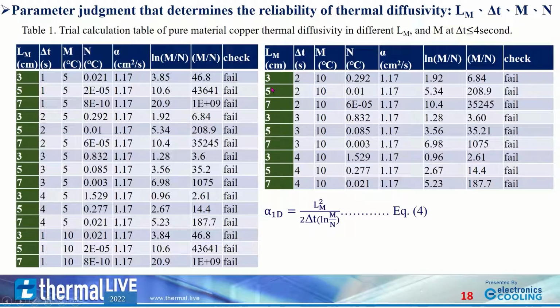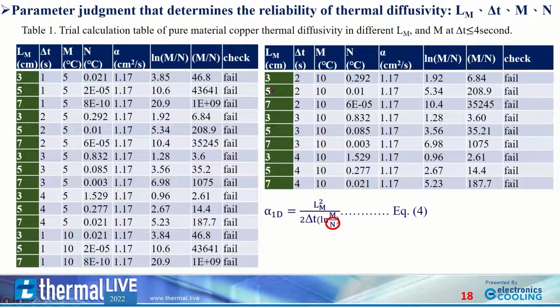When extracting experimental data, people need to know first whether the extraction of the various parameters in thermal diffusivity is reasonable or not. Taking the thermal diffusivity of pure copper as 1.170 as an example, the four parameters of the thermal diffusivity according to equation 4 are L sub m, delta T, M, and N. Therefore, it is very important to determine whether these four values are within a reasonable range.